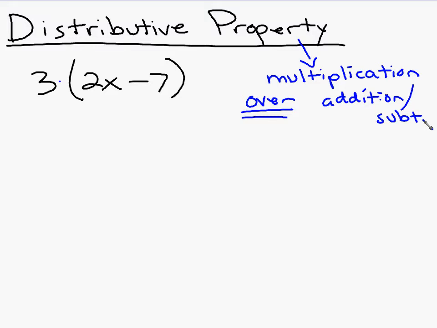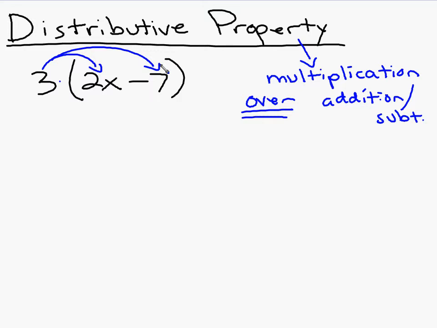So what happens with the distributive property is we distribute, that's the key word, we distribute multiplication over top of the addition or subtraction that's going on inside. So I distribute the multiplication of the 3 times the 2.